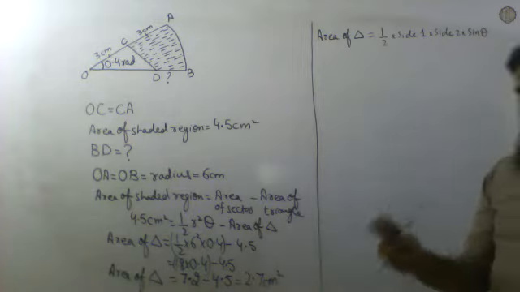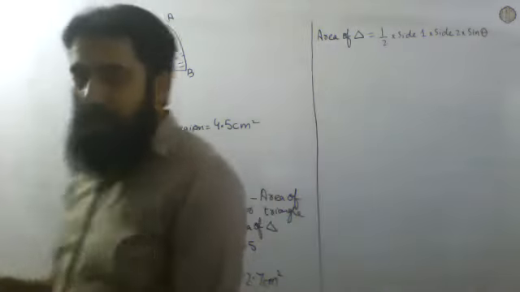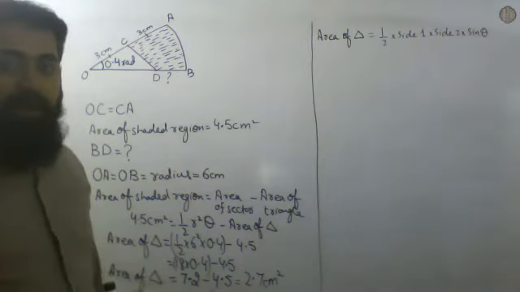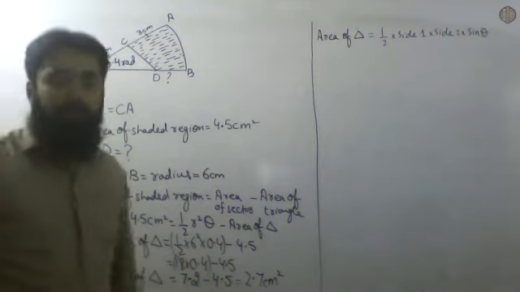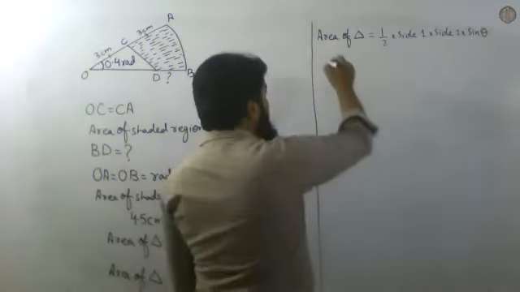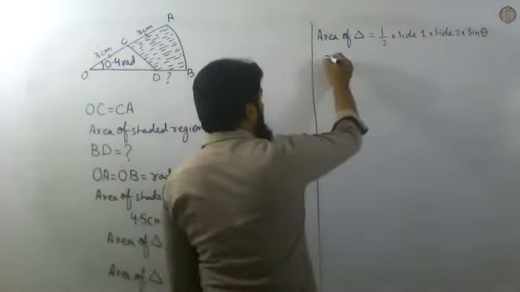Okay, product of any two sides with sine of inclusive angle divided by 2, that is the area of triangle. So what is the value of area of triangle coming? 2.7.